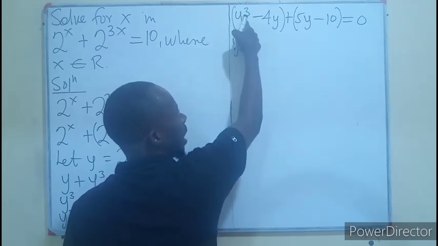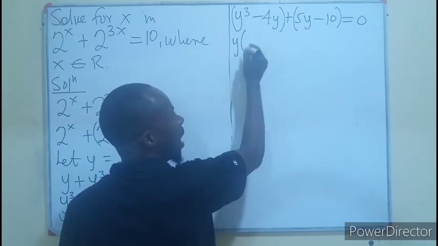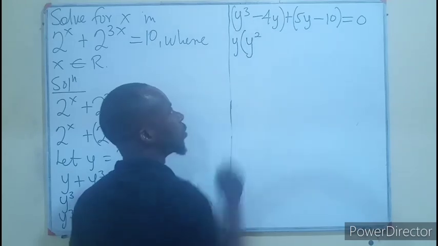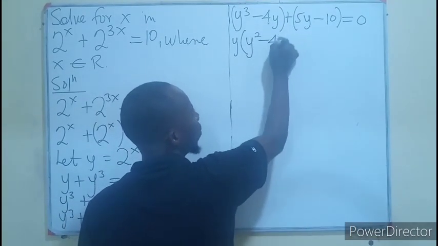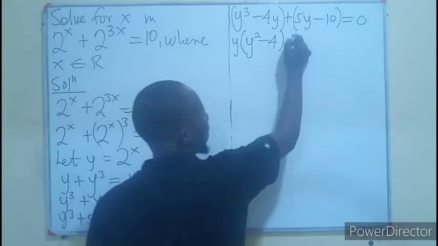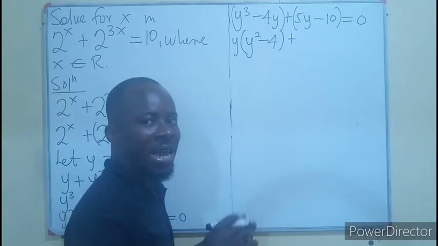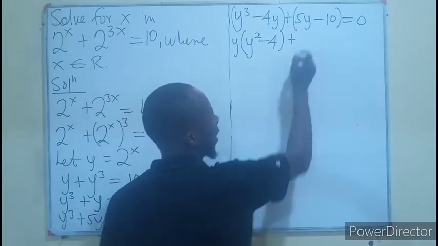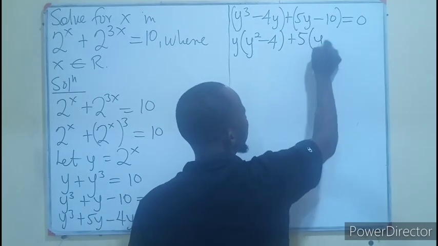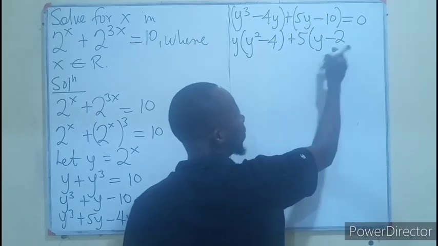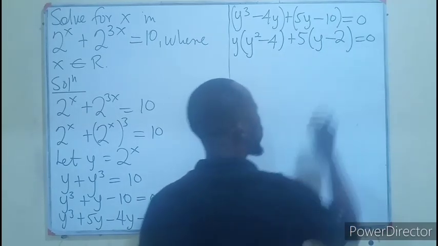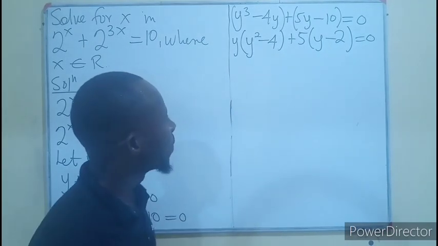If y^3 is divided by y, it gives us y^2. 4y divided by y will just give us 4. Then plus 5y and 10 has 5 as a common factor. So 5(y - 2), as in 10 divided by 5 gives us 2, equals 0.